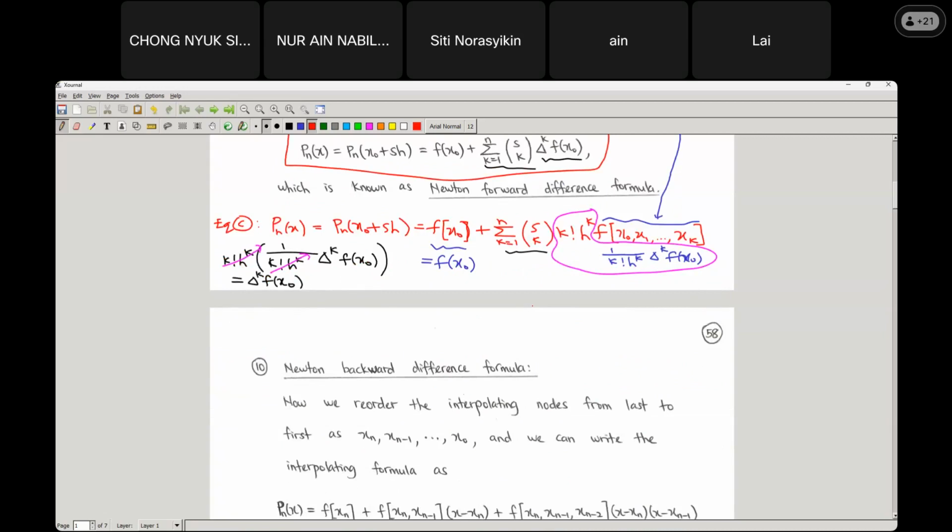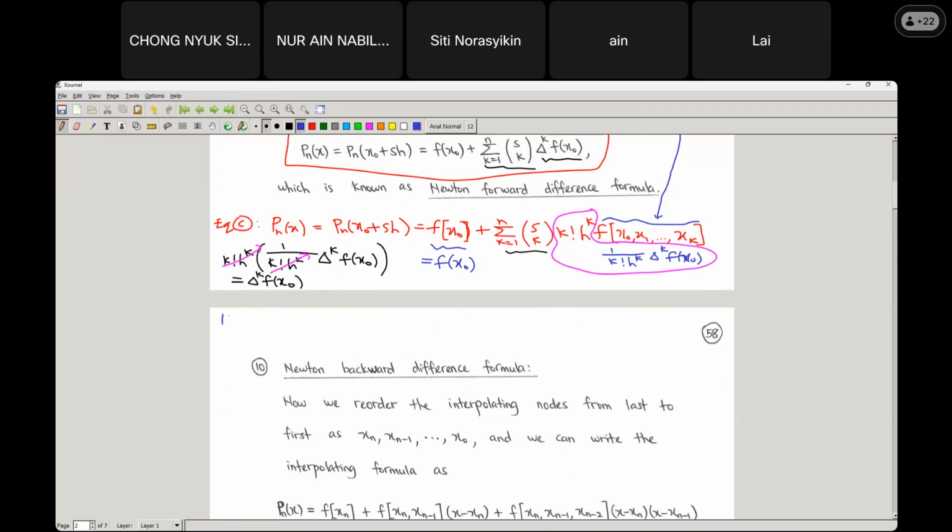So forward means that we start from x0, x1, x2, until xn. Backward is the other way around. So that means we start from the end to the initial, from the endpoint xn, then xn minus 1, until x1, then x0. So this is the difference.